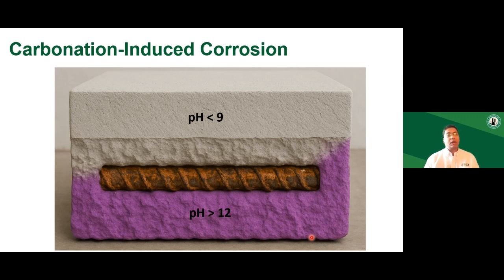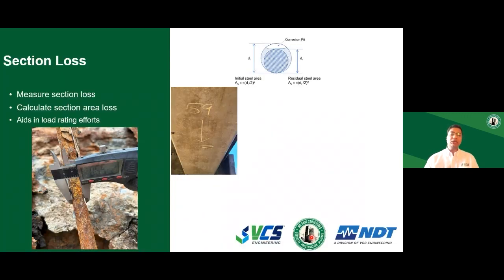In addition to chlorides and carbonation tests, we often do section loss measurements. If we suspect that there is severe section loss or severe carbonation or chlorides going into the concrete, we often open up the concrete and expose the steel that's within. We have done these tests on conventional reinforced concrete or on prestressed concrete as well.